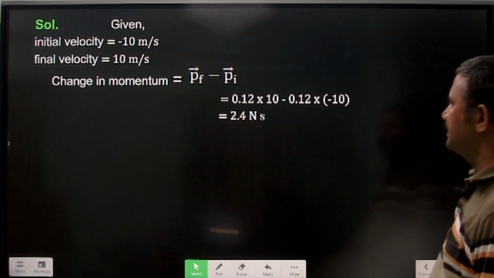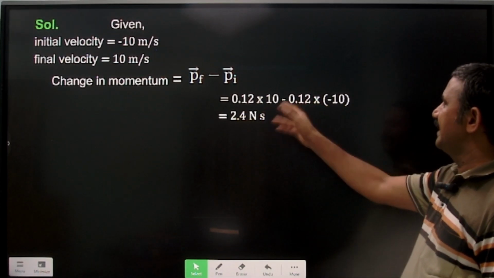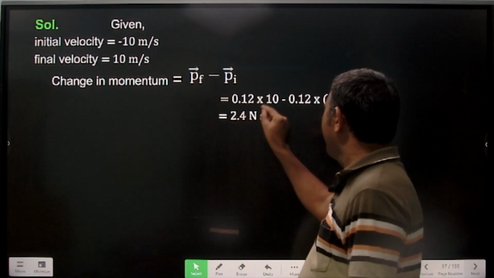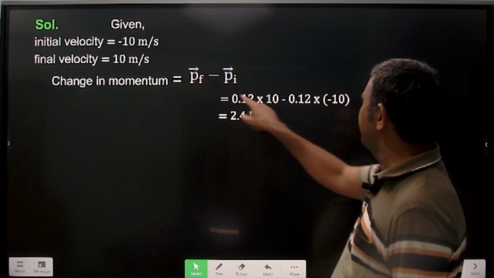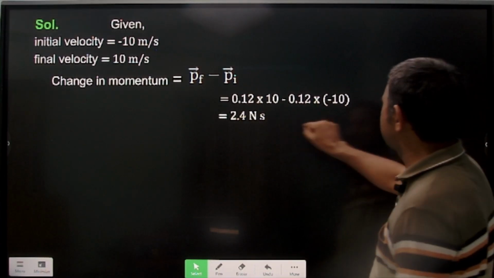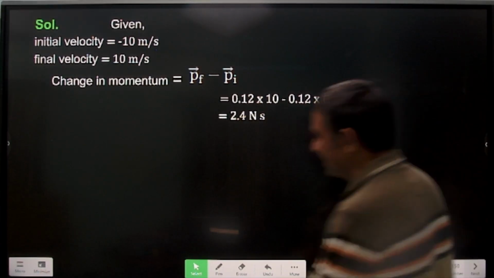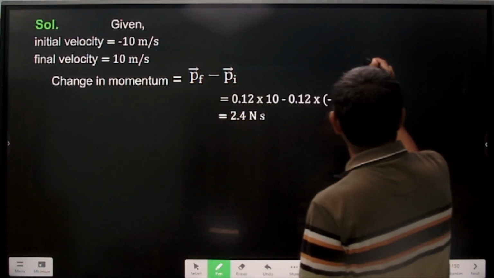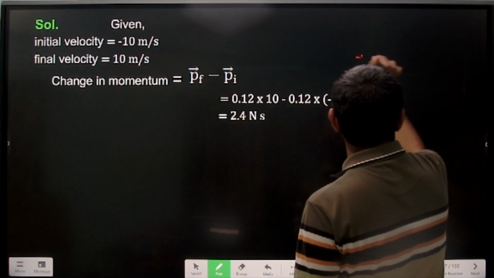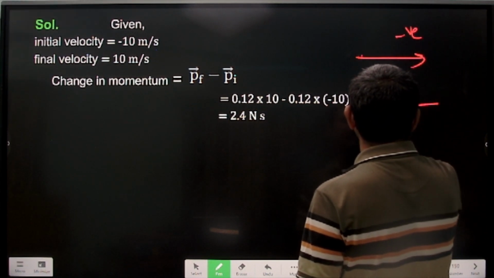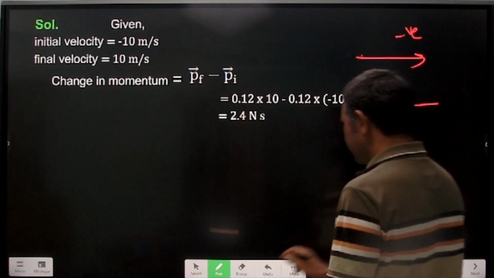So what is the change in momentum? Final momentum minus initial momentum. Final momentum is mass times final velocity, minus initial momentum, mass times initial velocity. Here the initial direction is considered as negative and the other direction as positive.